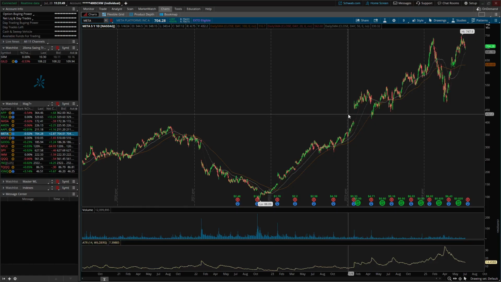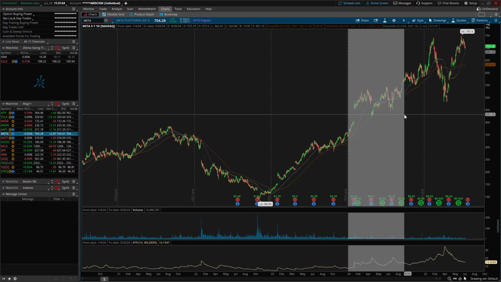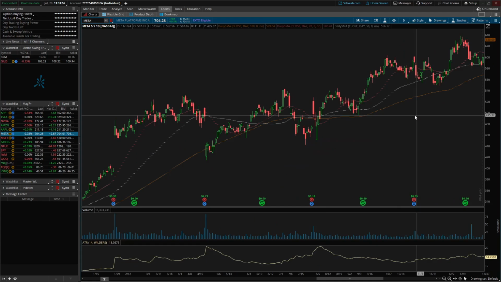Was it less than 120 days? And what's the pullback, right? So let's just zoom in on 2024 here. We can see that we've got a high here in October, which is less than 120 days prior to our entry here on.